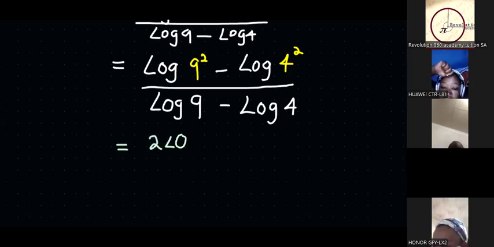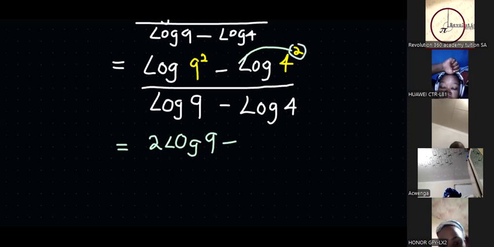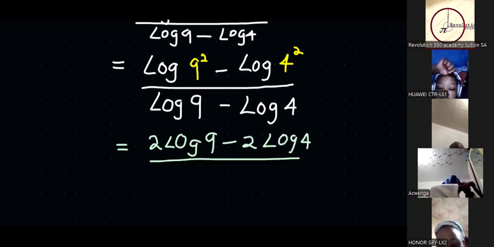And minus, you're also going to take this 2 as an exponent and bring it in front. So that will be 2 as well. Then you write log 4. And then the denominator part, you just leave it as it is. So that is log 9 minus log 4.